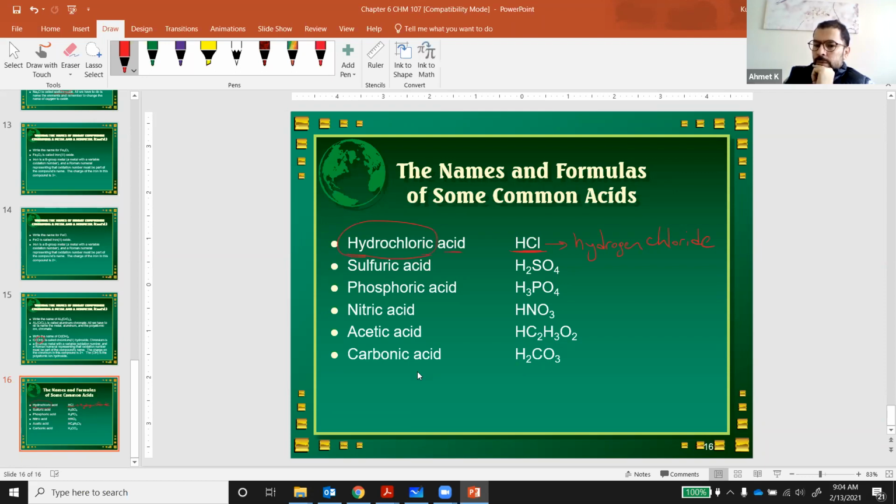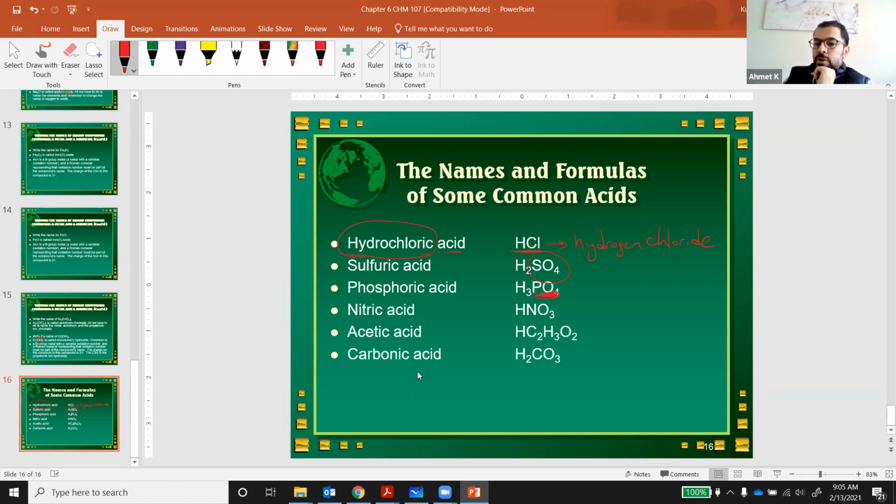That's good to know. And just like this one, we would call it hydrogen sulfate, but we look at the anion and change it to sulfuric acid. And with phosphoric acid, this should be called hydrogen phosphate, but we just change phosphate to phosphoric acid.